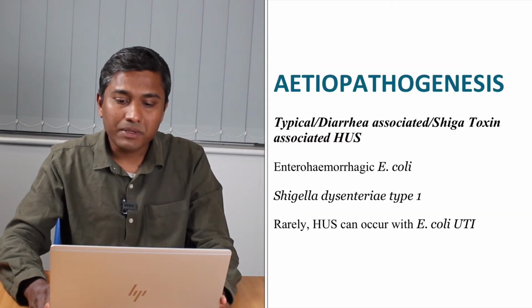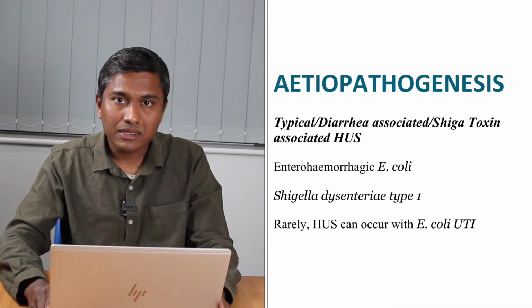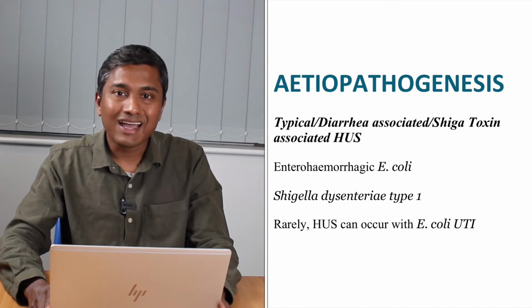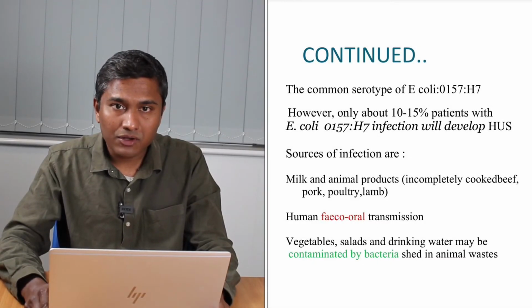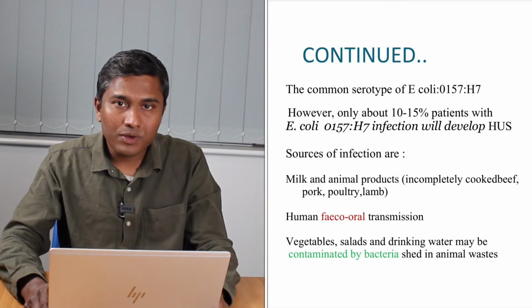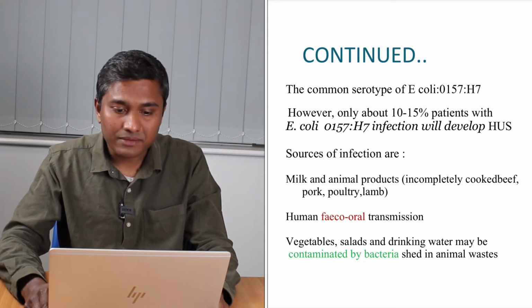Etiopathogenesis. Typical HUS is caused by enterohemorrhagic E. coli, Shigella dysentery type 1, and rarely HUS can occur secondary to E. coli causing UTI. The common serotype of E. coli causing this infection is O157:H7.